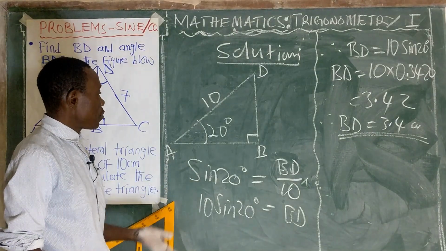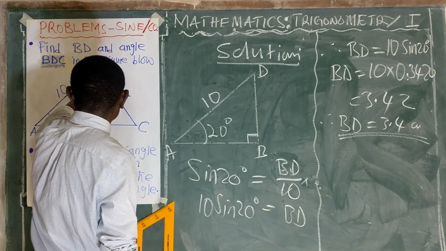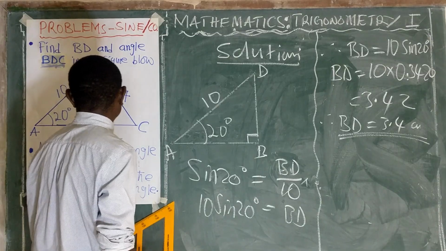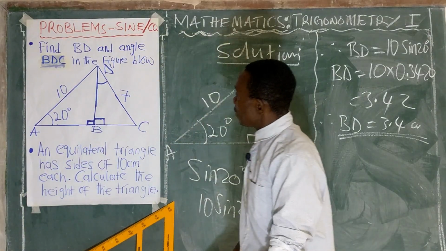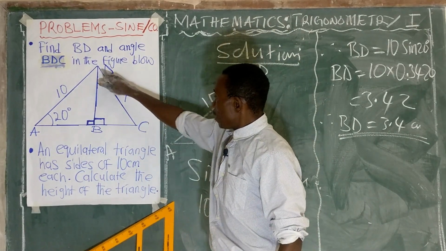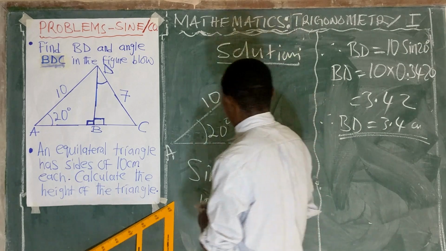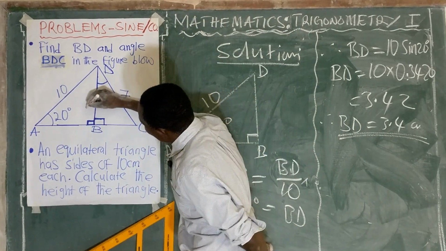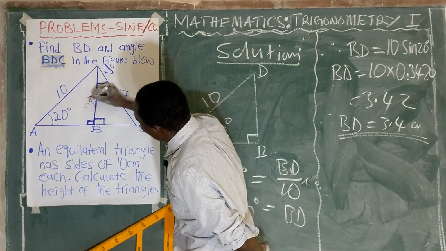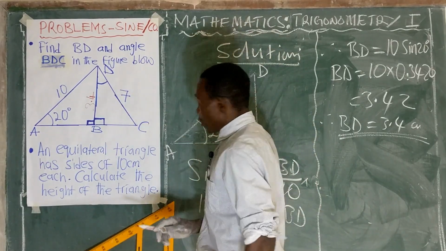Right, so now we're using the sine. Lastly, on the same problem here, we are asked to find the value of angle BDC. So this time around, we consider this side here as 3.4. So we want to find the value of this angle here.